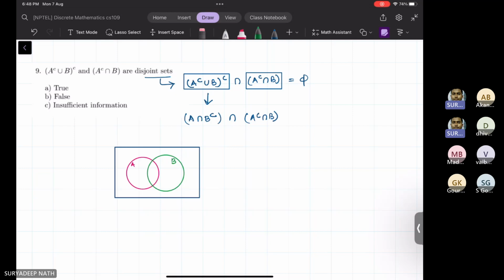B. So what is A intersection B complement?